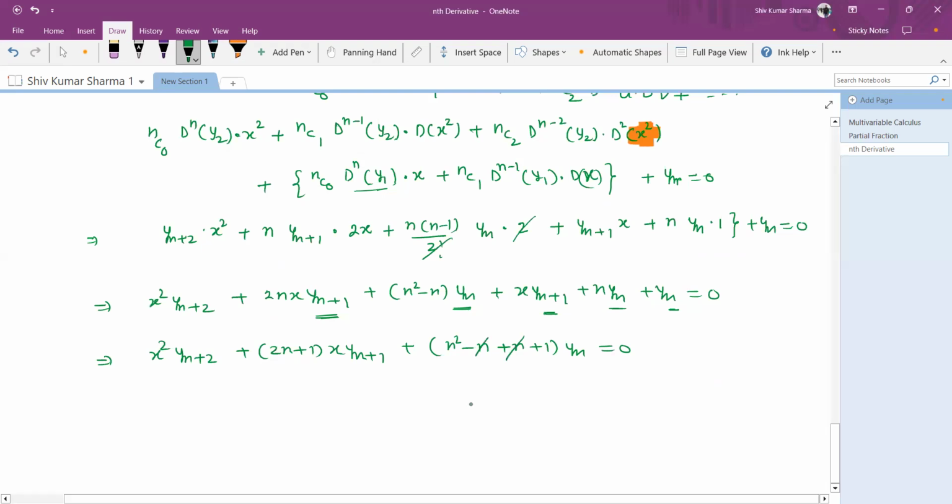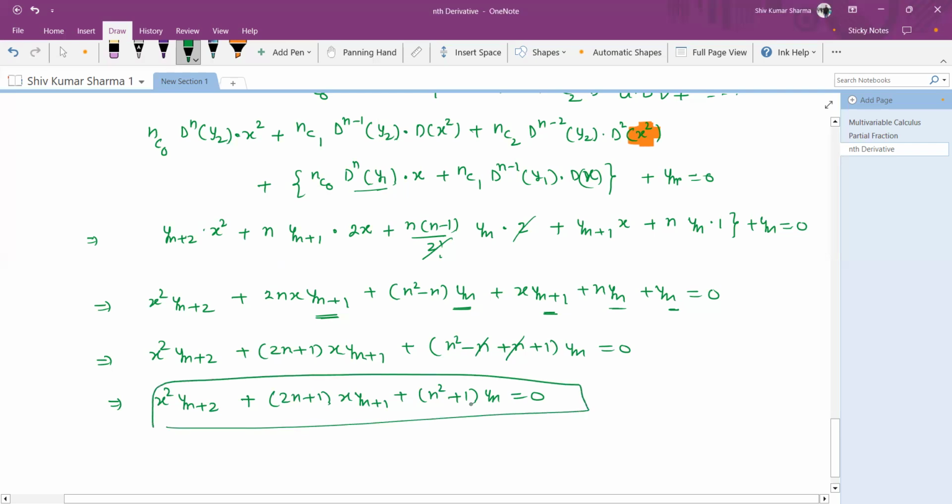So n and n cancel, so we write the term as x square into yn plus 2 plus 2n plus 1 into x into yn plus 1, plus the last term will be n square plus 1 into yn is equal to 0. So this is the n-th derivative of the given differential equation by using the Leibniz theorem.